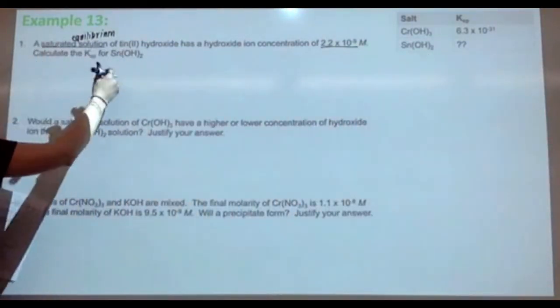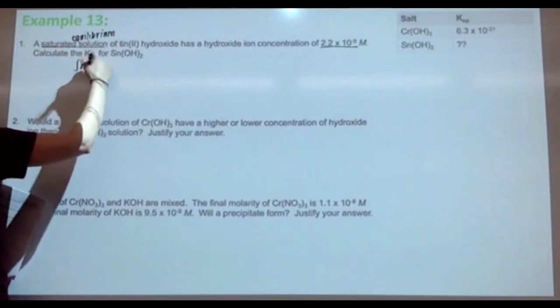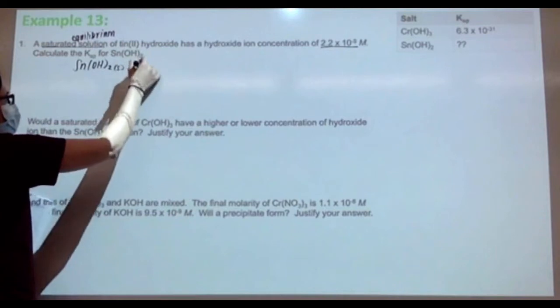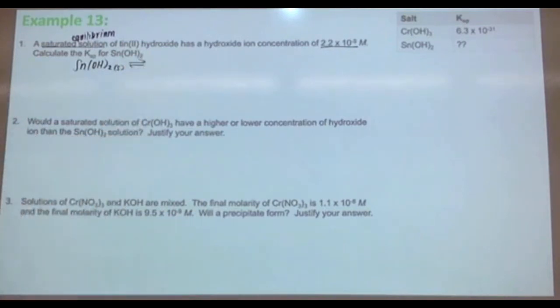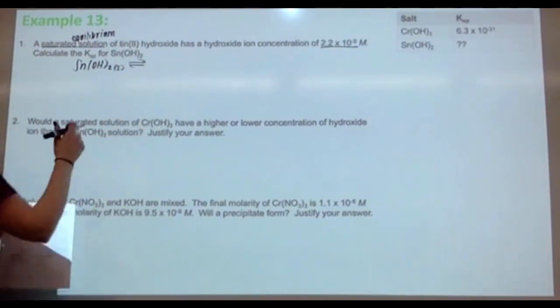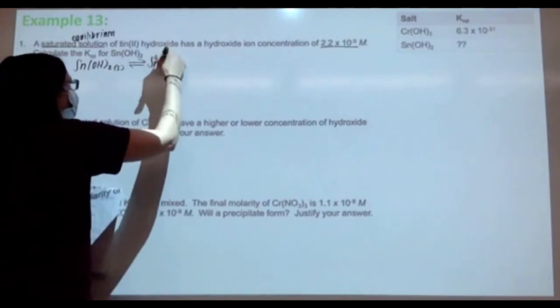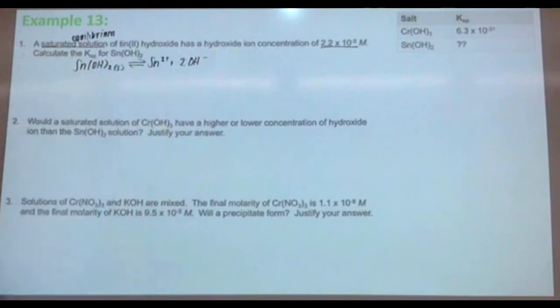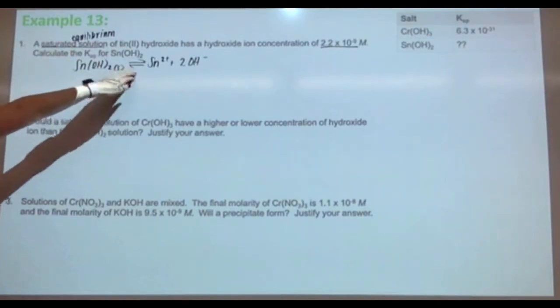So let's start just like we did before with writing the equilibrium equation. So we're writing the equilibrium for the dissolution or the dissociation of the solid in water. So if I were to put tin 2-hydroxide into water, it will break apart into Sn2+ and 2OH minus, but because we would classify this as an insoluble solid and it has a KSP, it's at equilibrium.